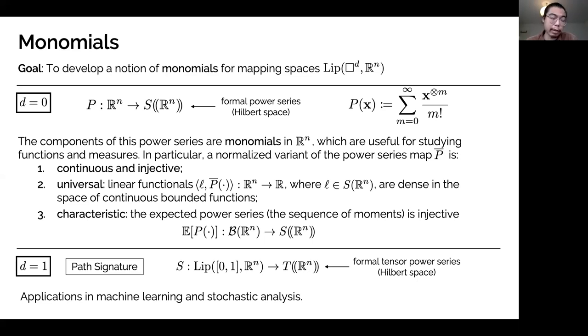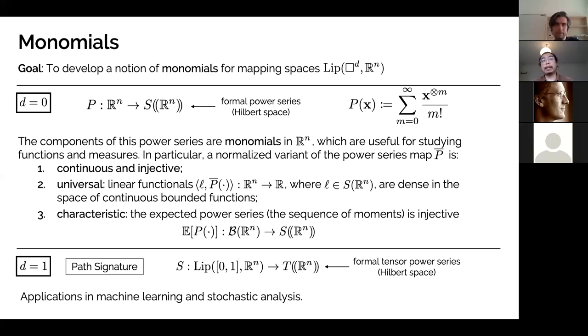Using this theory of rough paths, we can talk about deterministic integration theories for these objects, rather than probabilistic ones such as Itô integration or Stratonovich integration. I'm saying all of this mainly to highlight that the main applications for this work are in machine learning and in stochastic analysis.